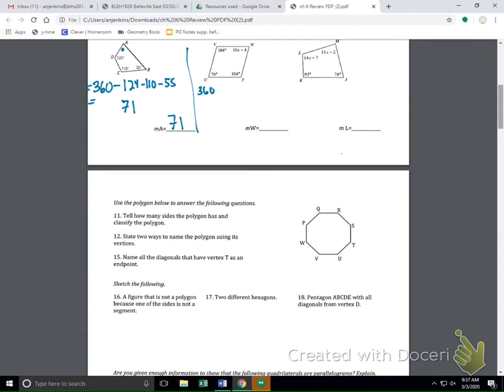Okay, our next one's back at the same type. 360 equals 104 plus 10x minus 4 plus 104 plus 76. Okay, I end up with 360 equals 10x, and then I think it's 280. Double check my math.